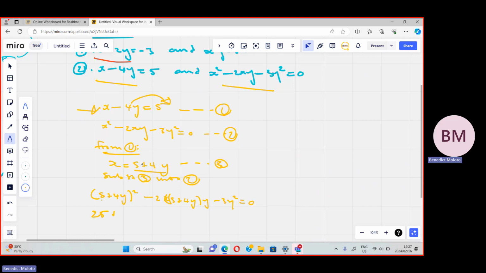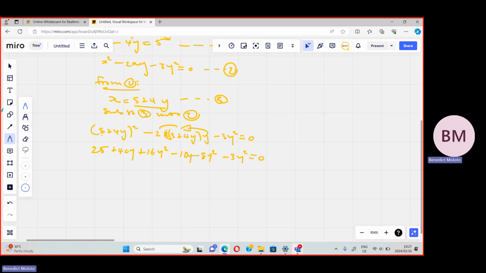Plus 20y, because 5 multiplied by 4 is 20. Then plus 16y squared minus 10y minus 8y squared. Here's going to be y again because we have to multiply these 2 and this y inside here at the same time. Minus 3y squared equals 0.